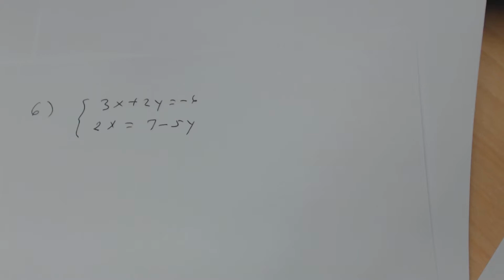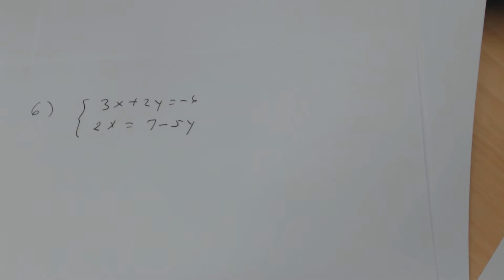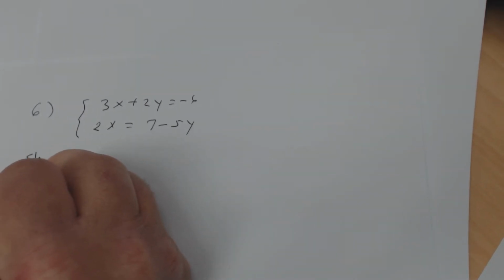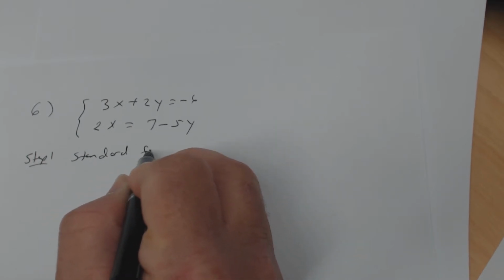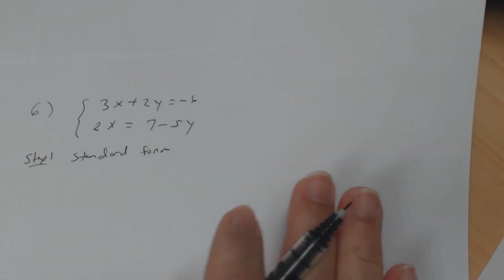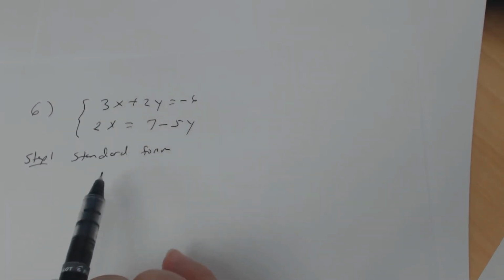Remember step 1: you got to make sure both equations are in standard form. The first equation is in standard form, but the second one is not, so I got to rewrite this. In the previous five, they were already in standard form. And remember, when putting in standard form, make sure your variables are aligned.